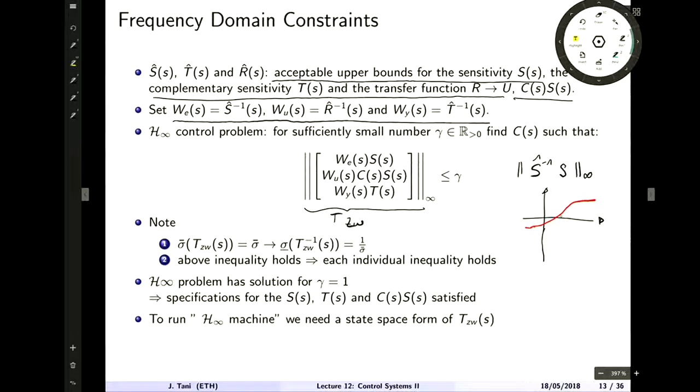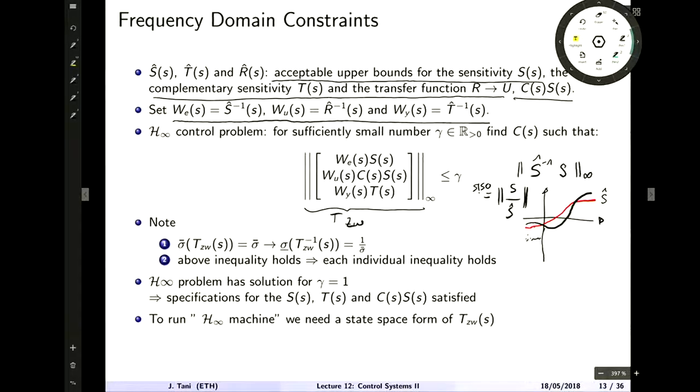So this is S hat here, and let's say we have such an S. Now, what we see is that inside the brackets, this is just another way of saying S divided by S hat. And where is this constraint satisfied? Is it satisfied here in the first area?